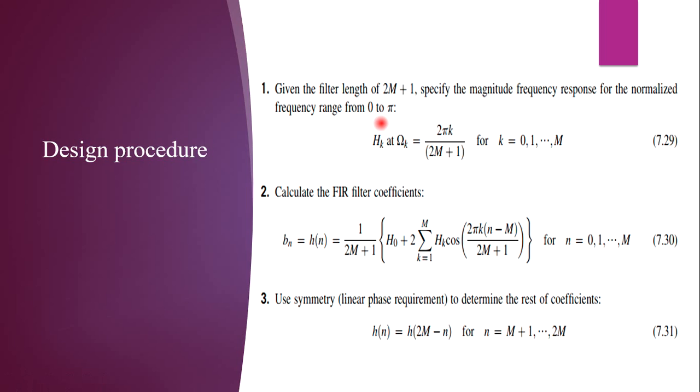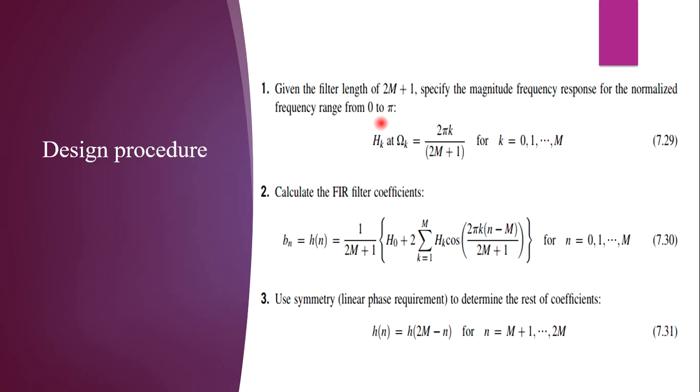Then we will calculate h of k. When sigma k is calculated, then we will calculate h of k, and k varies from 0 to m. M will be calculated from N, the number of taps, which is equal to 2m plus 1. Length of filter is equal to 2m plus 1.